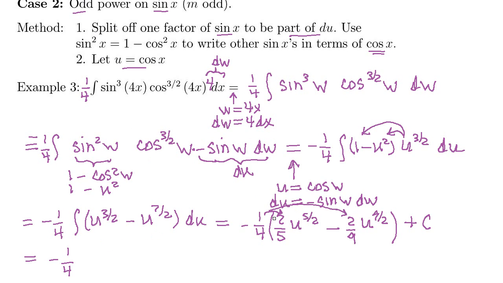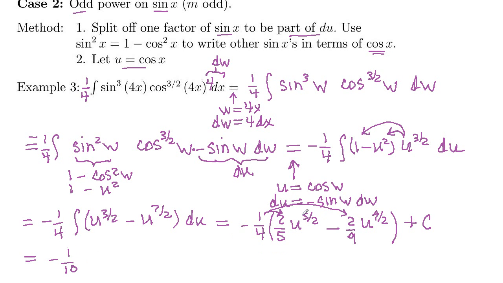So negative 1/4 times 2/5. So let's see here. This 2 will cancel into the 4 and leave a 2 down here. So that'll be what? 10 on the bottom, negative 1/10.